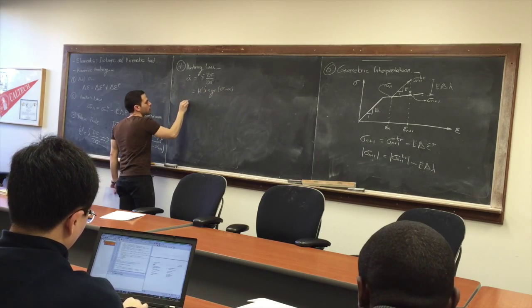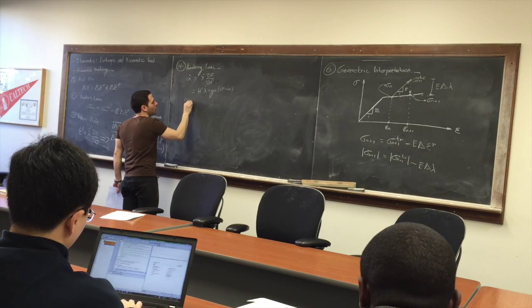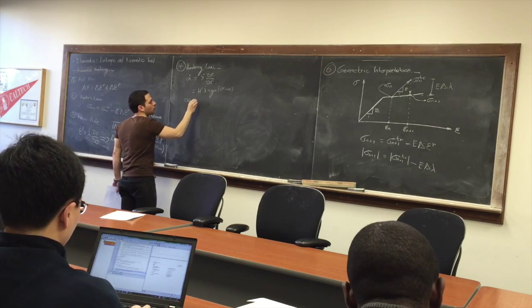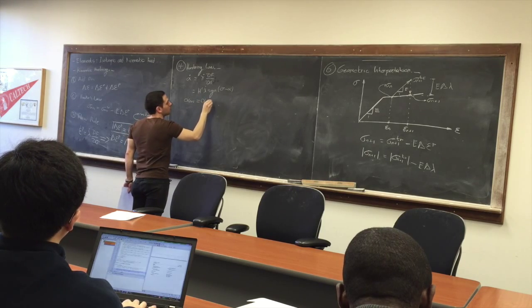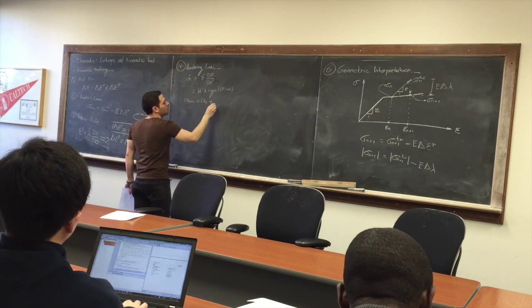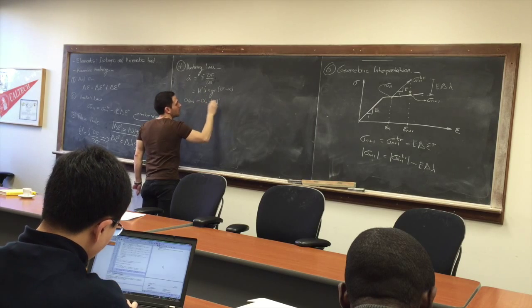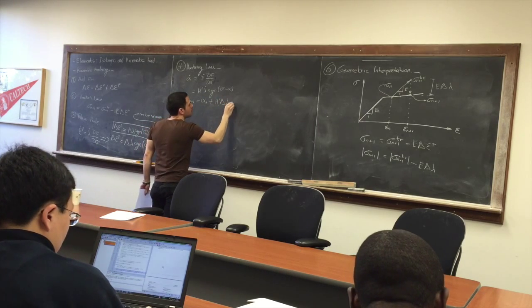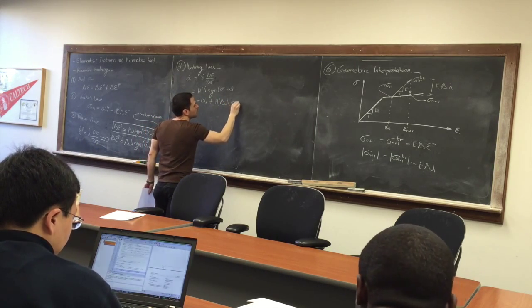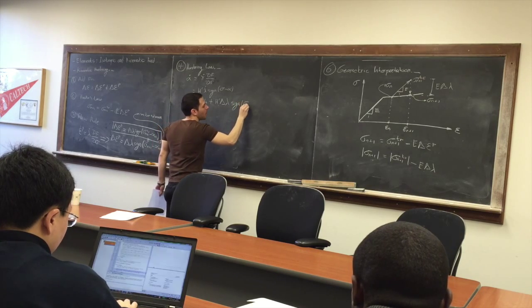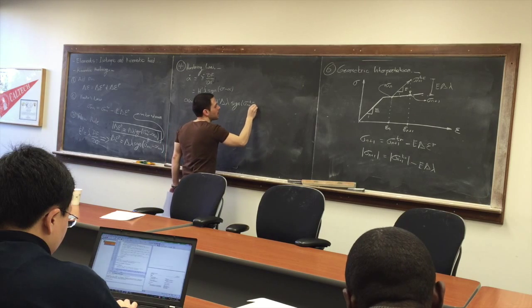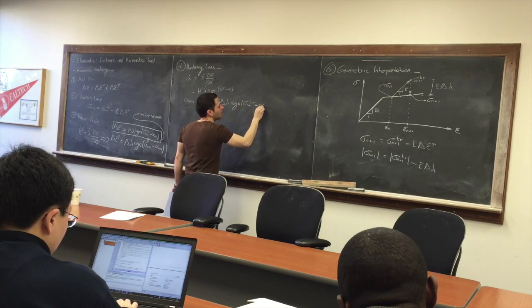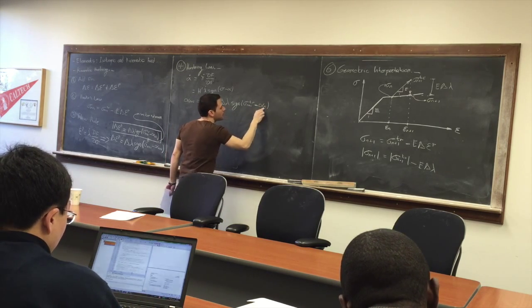So the discrete version is nothing but alpha at time n plus 1 equal to alpha at time n plus h prime delta lambda sign of sigma n plus 1 trial minus alpha at time n.